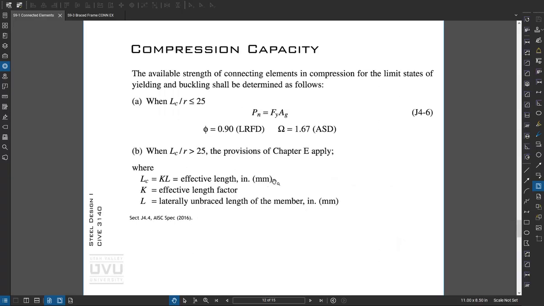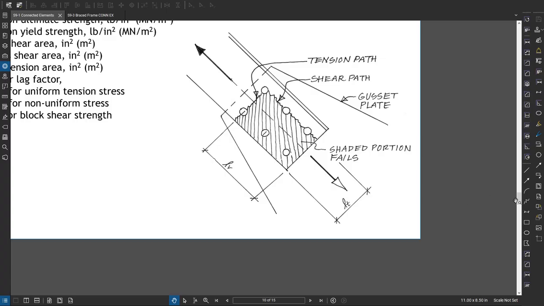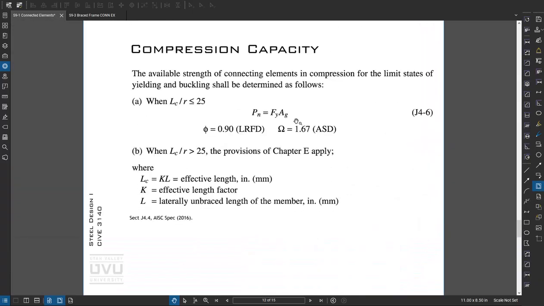Okay, if we have a joint that's in compression and it's fairly slender, say the gusset is slender, so if I took this image here and said whatever restrains the end of this plate is quite a ways away, we could get buckling in this region due to that. So if I were to come to these equations, if my slenderness is less than 25, I can just use this area times yield.